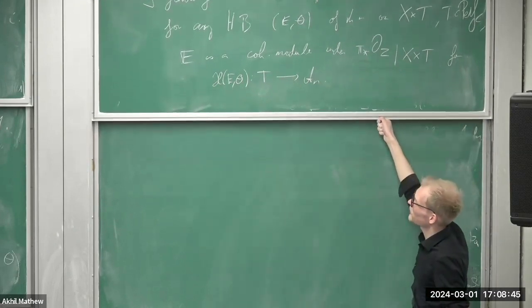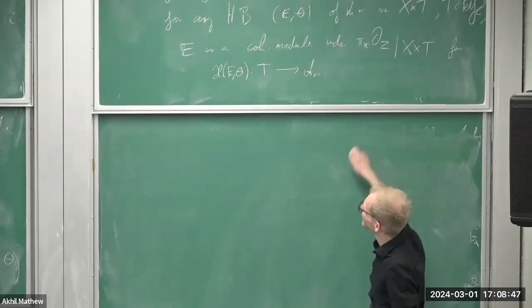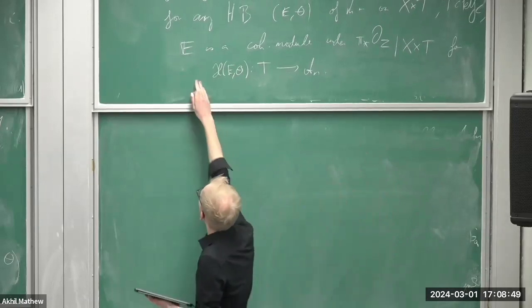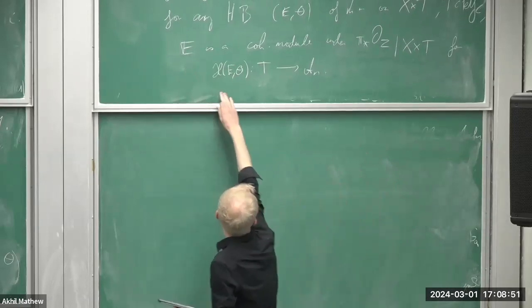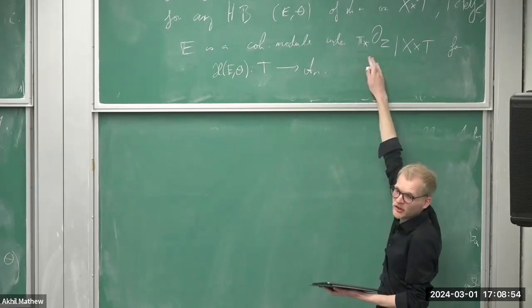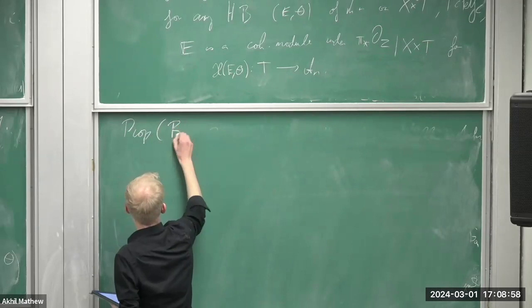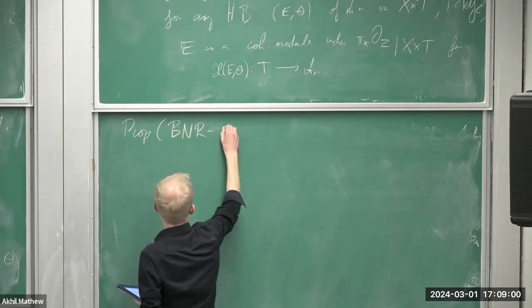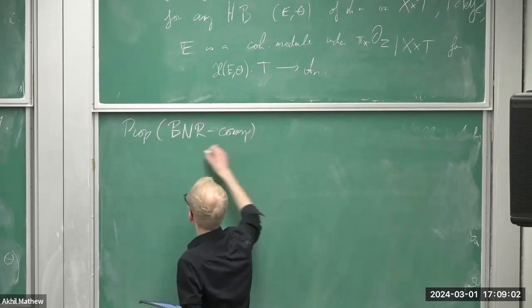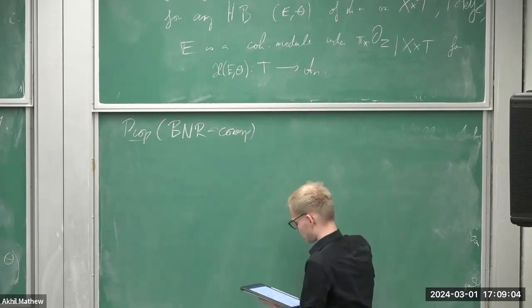And furthermore, you can say that in good situations, this even becomes an invertible module. So this goes by the name BNR correspondence, and this is now the version of it in this setting.